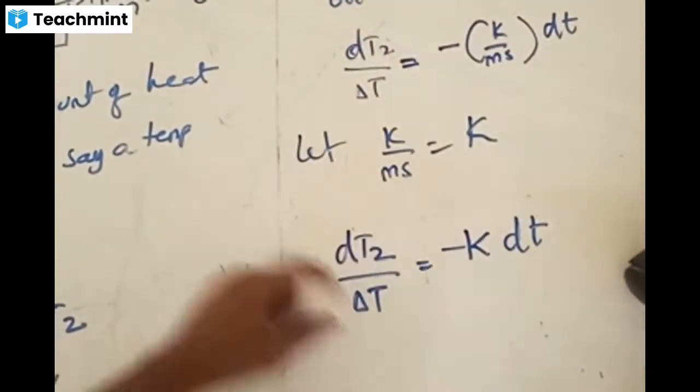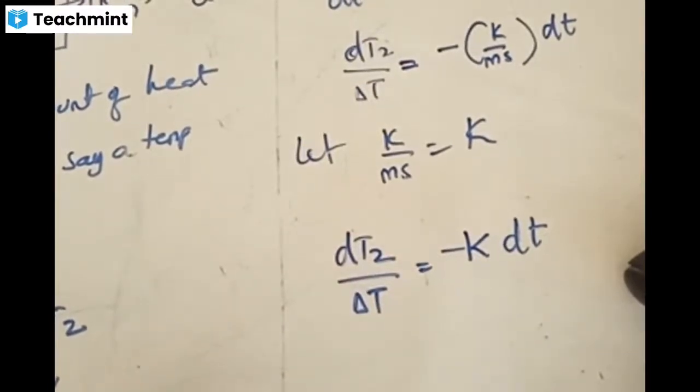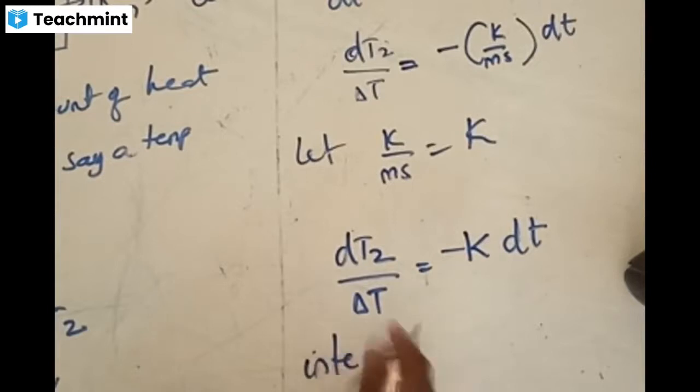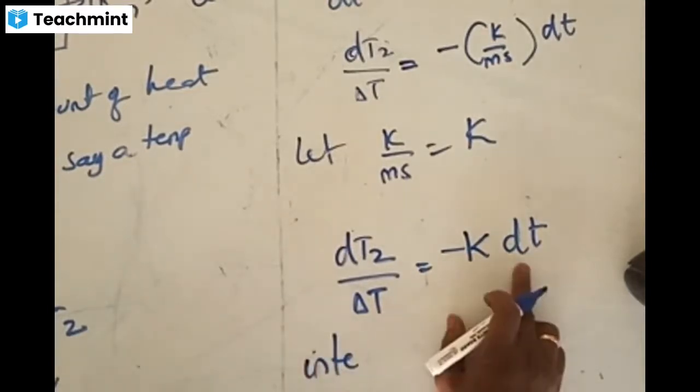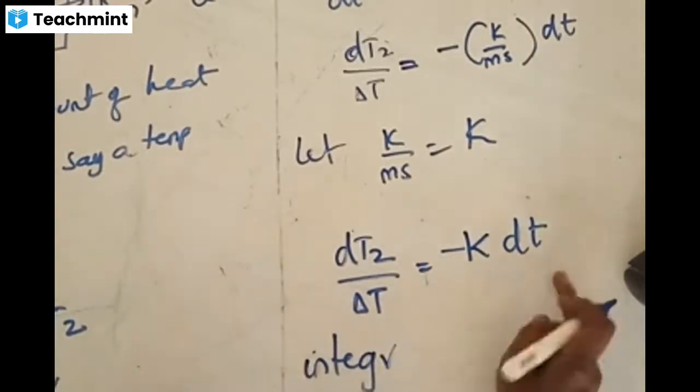Now this is in the form of change of temperature and time interval. To get the equation, we integrate this equation on both sides. This is small change of temperature for small change of time. By integrating this, you are going to get the total change of temperature for the total time interval.